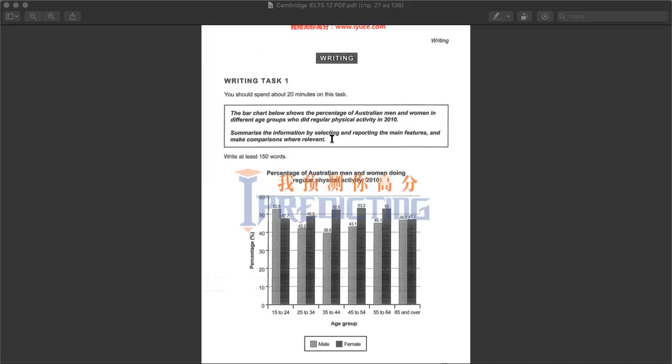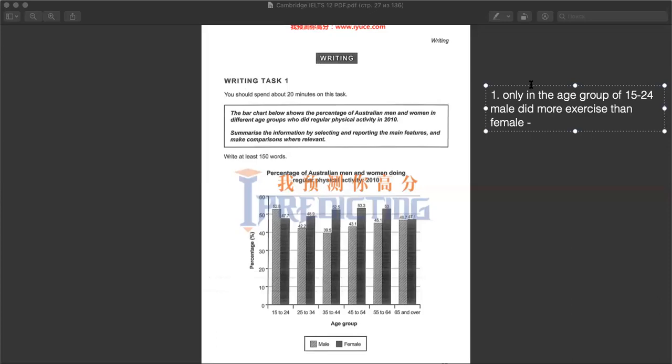So now we should select, choose, and not write everything. It's really important. Right now we're going to just choose what's really important here. First of all, I would say that only in the age group of 15 to 24, men did more exercise than women, the female.